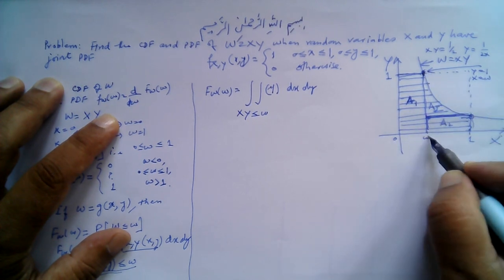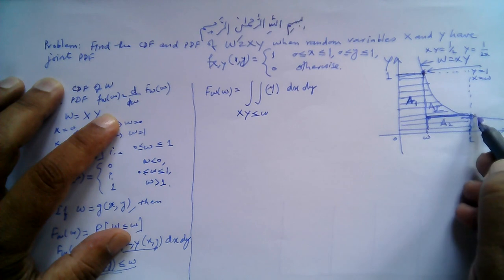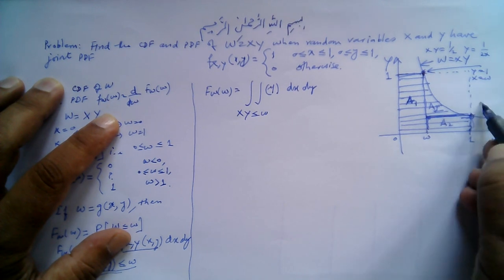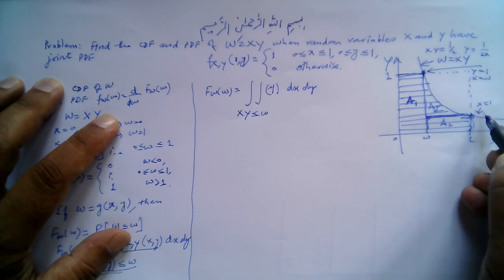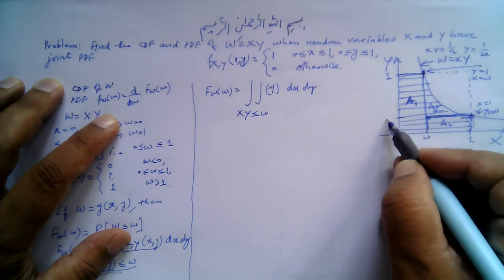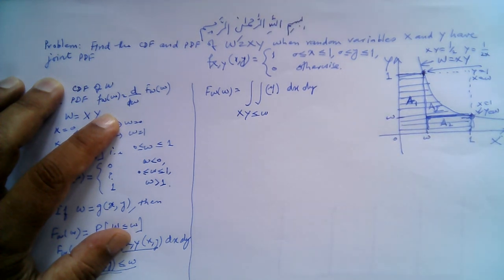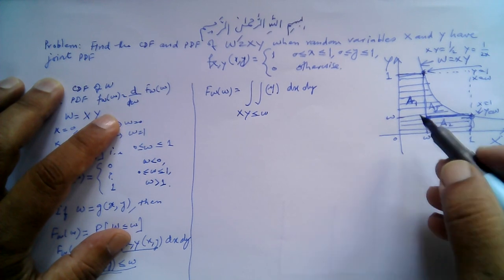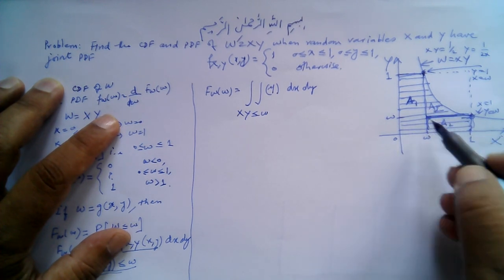So x is equal to w at this point. And at this point, again, we have x is equal to 1, right? So when x is equal to 1, then y is equal to w here. So at this point, y is w. So this will help us determine the areas of these 2 rectangles.